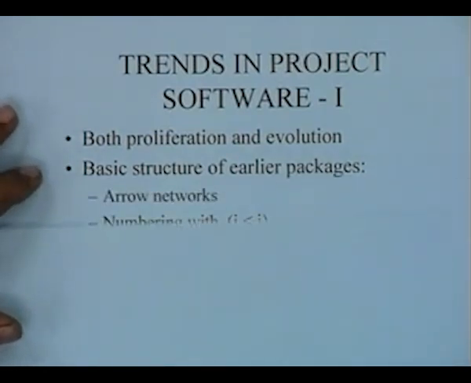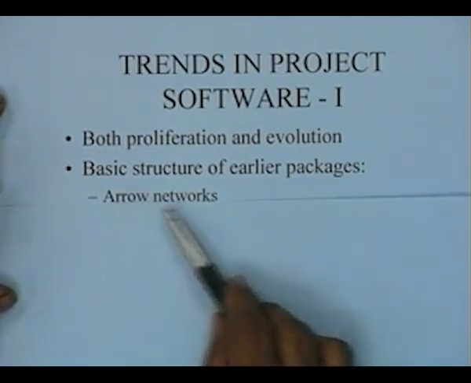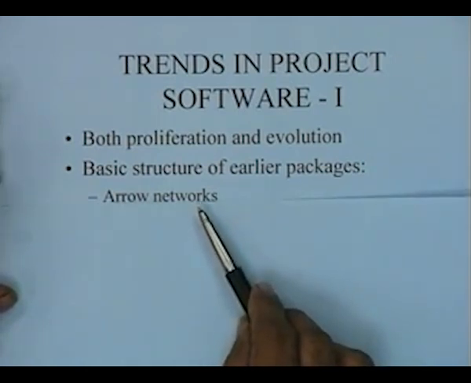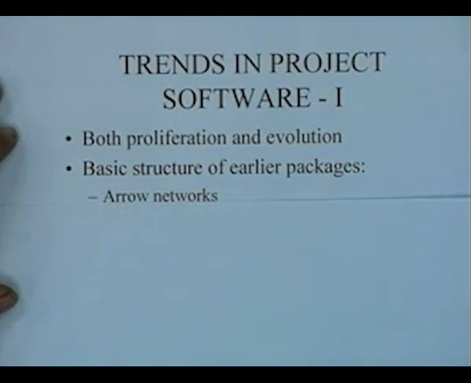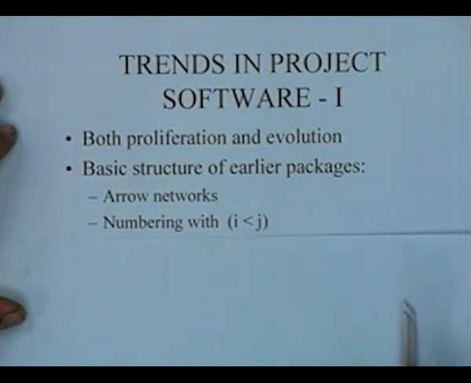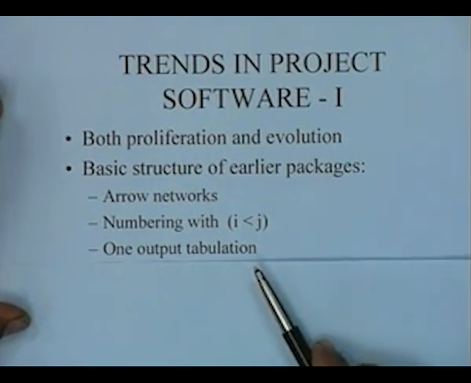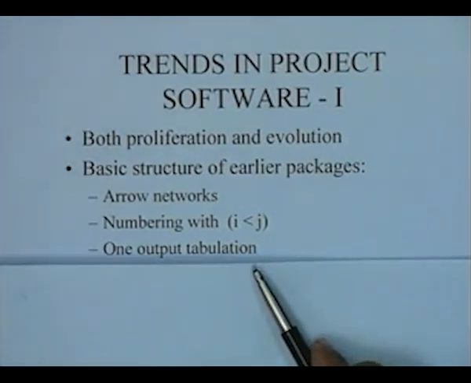The earlier packages were simple in terms of, they generally tended to operate with AOA networks or arrow networks. And numbering was always done originally with i less than j, because it was much simpler and there were no errors, error checks were eliminated and so on. There was generally one output tabulation, simply. They would do a forward pass, backward pass, print out the floats and give you that table, and that's the end of it.